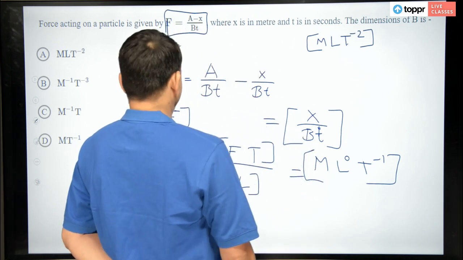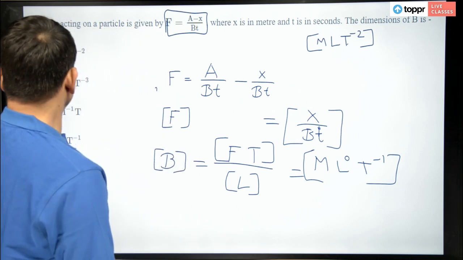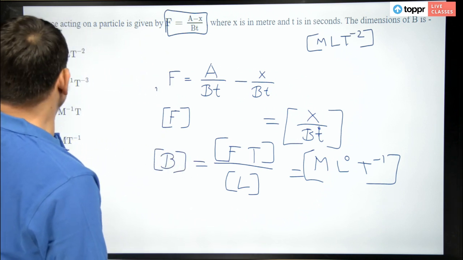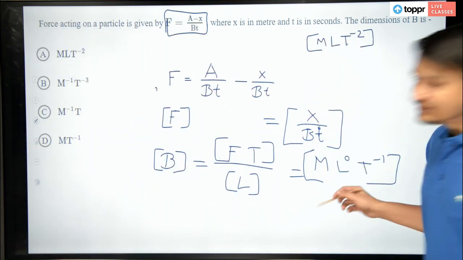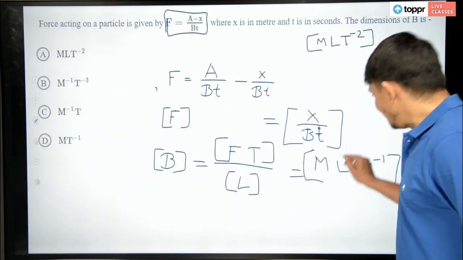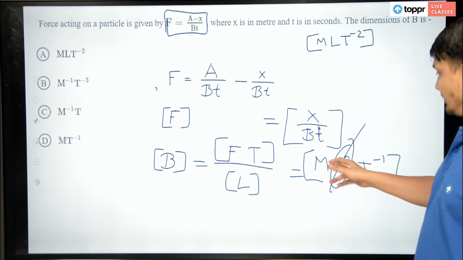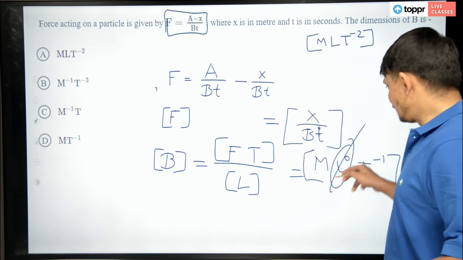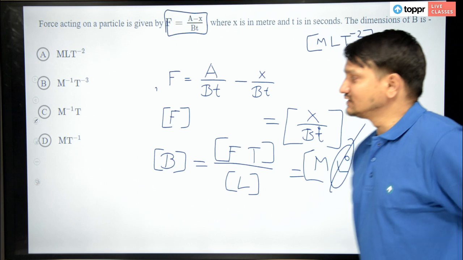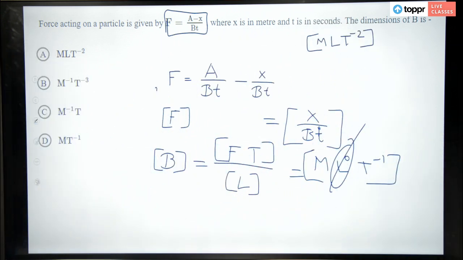The dimension of B is, okay, so if you are putting L to the power 0, you can ignore this, simply strike it off, because anything to the power 0 is 1. So M T inverse. So that's our answer.